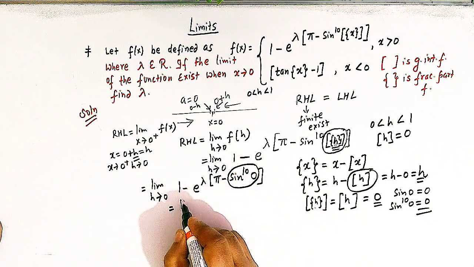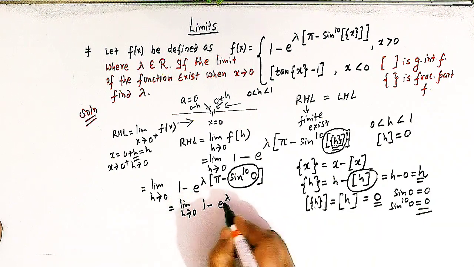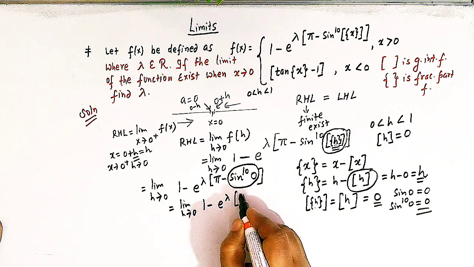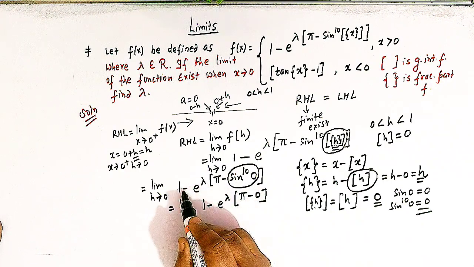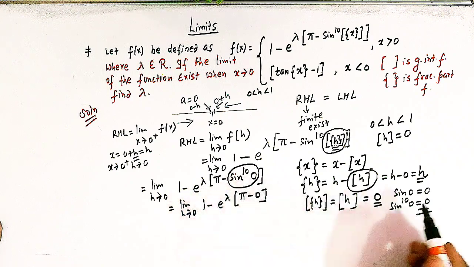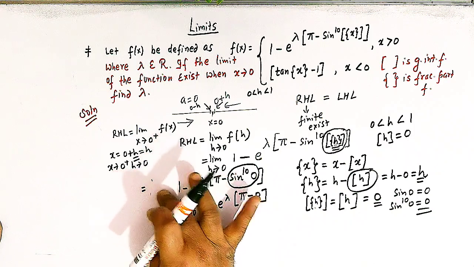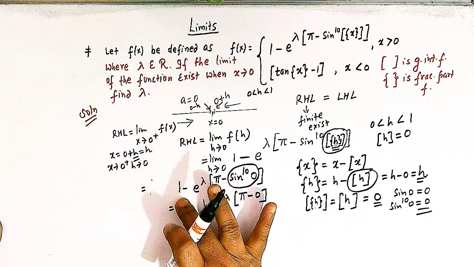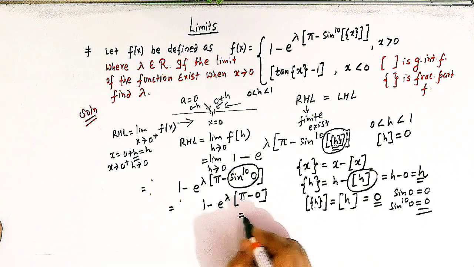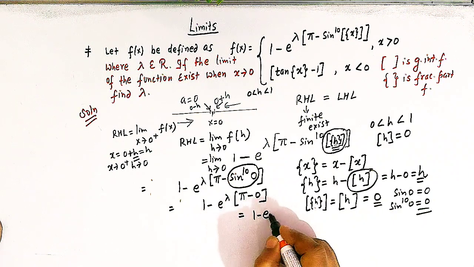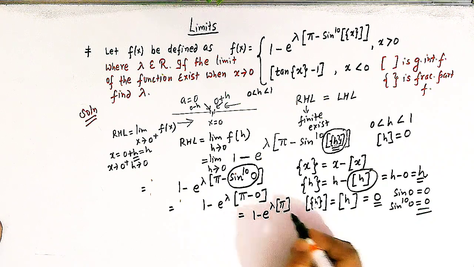So now we have the limit h tends to 0 of 1 minus e raised to lambda, and here we have the greatest integer of pi minus 0, right? Now see, this expression is independent of h, so we can remove the limit symbol. So now we have only this expression: 1 minus e raised to lambda times the greatest integer of pi.